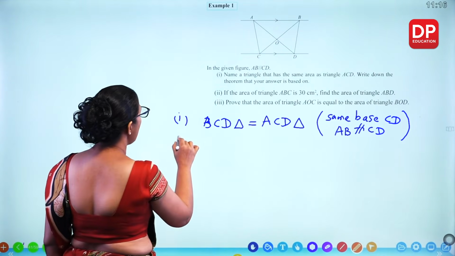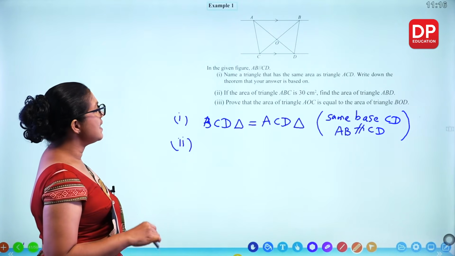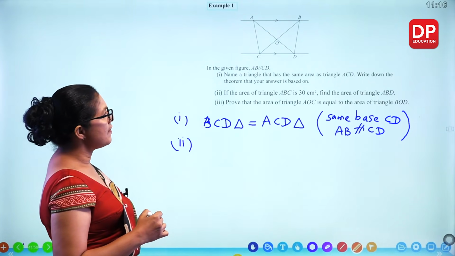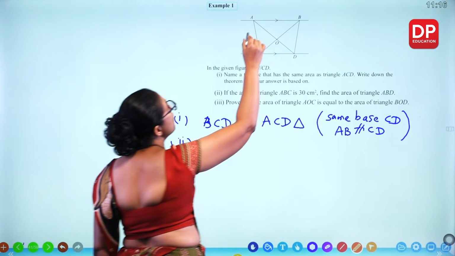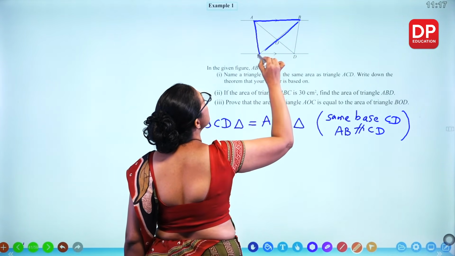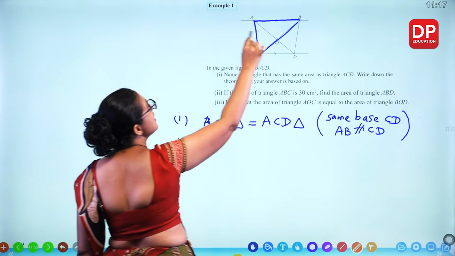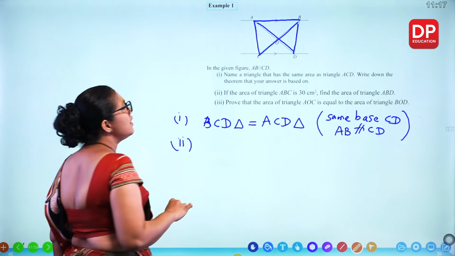And second part, if the area of triangle ABC is 30, find the area of ABD. Now we need to look at the other triangles, ABC and ABD. These two also equal.